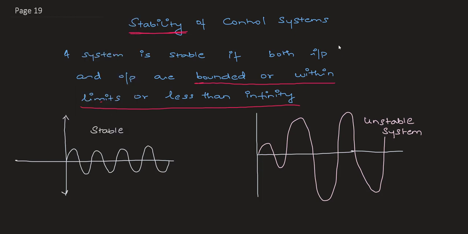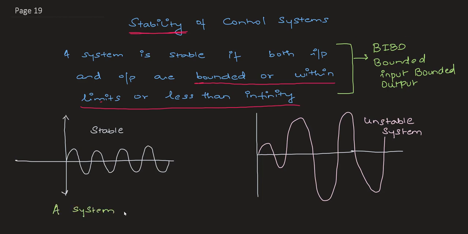Okay, so let's see more about stability of control systems. So we have the conditions for stability as bounded input, bounded output. Which means for a fixed range of input, or a finite range of input, your output should also be finite, and that is your BIBO condition.